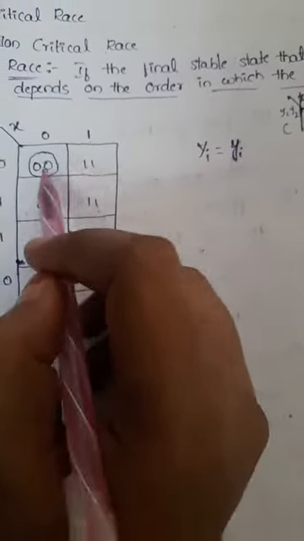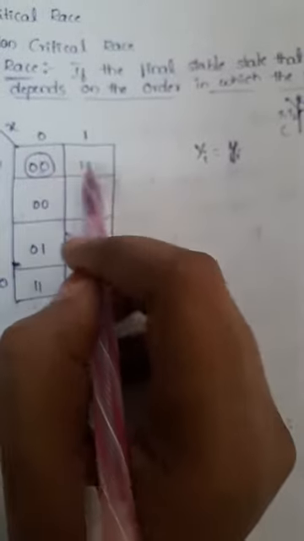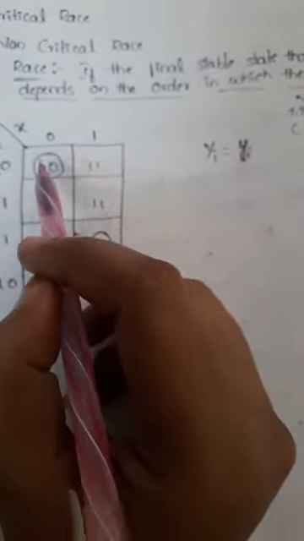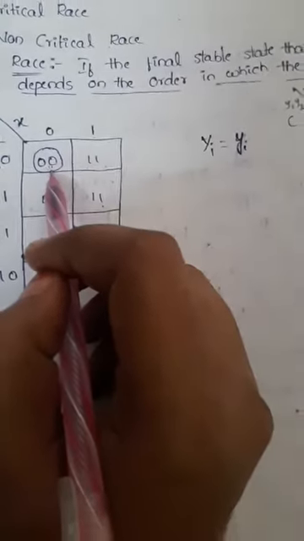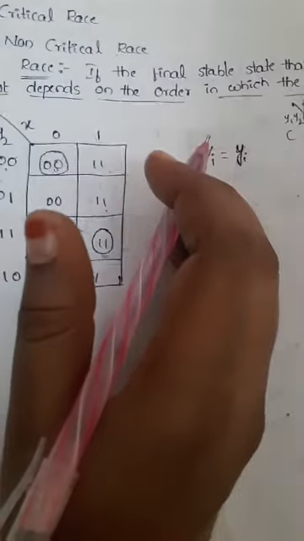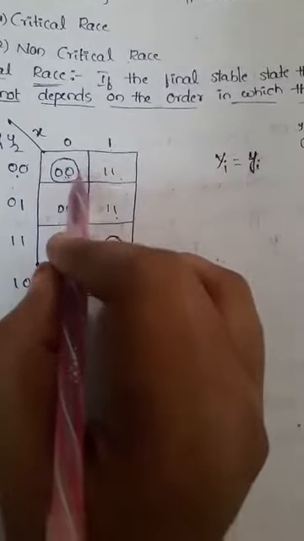So between adjacent cells, for the input change, if more than 1 bit changes, then we can consider it a race condition. Okay, we got that point. So what is meant by a race condition?